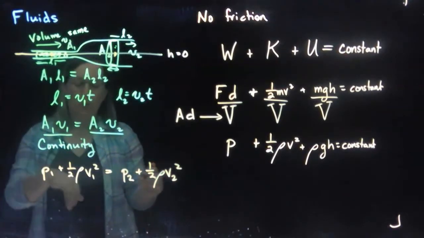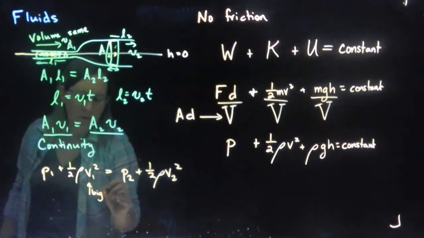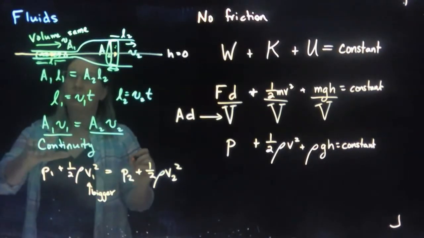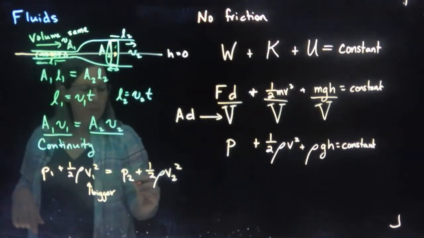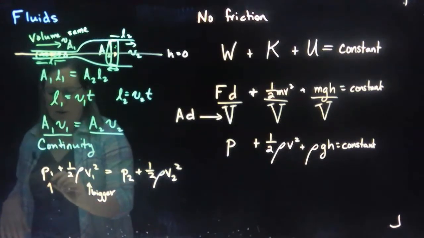We know that this V is bigger from this continuity equation here. And so that means that if this is bigger, this must be smaller.